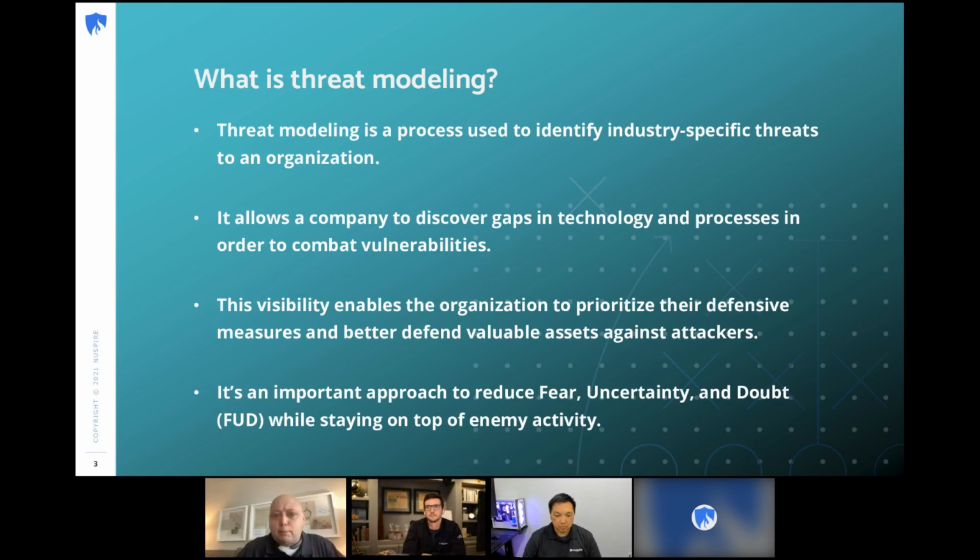And finally, threat modeling is important in reducing fear, uncertainty, and doubt, which of course has been given the acronym FUD in our industry, while still staying on top of what the bad guys are doing. Back in the early 2010s, we had a massive amount of large retail breaches.